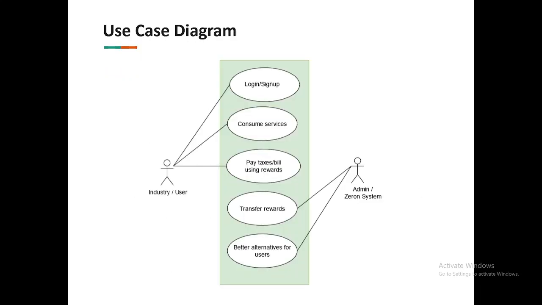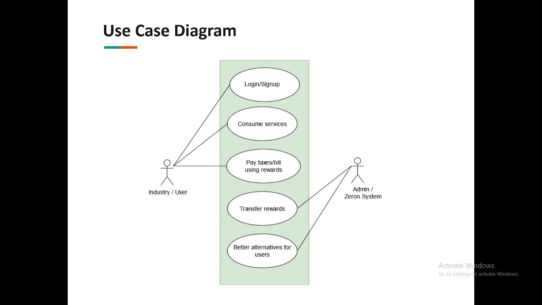So this is a use case diagram of a system. And as you can see, there are two actors: industry or the user, and of course admin or the Xeron system. So an industry or the user can sign up and consume the service. As I said, industry can consume from another service provider, or the user can consume services from multiple service providers.